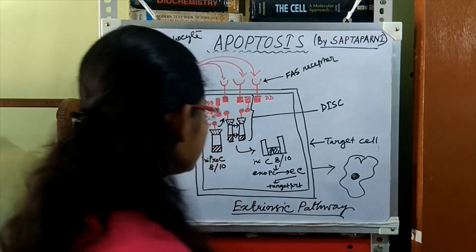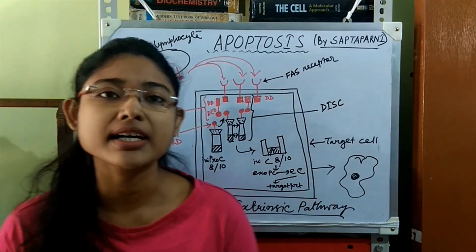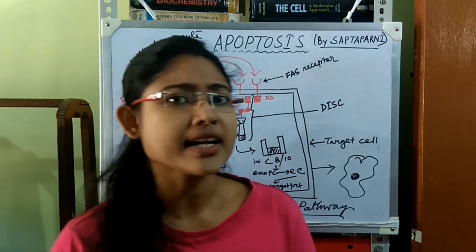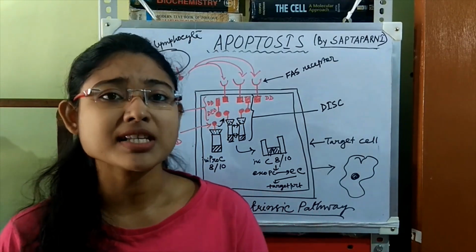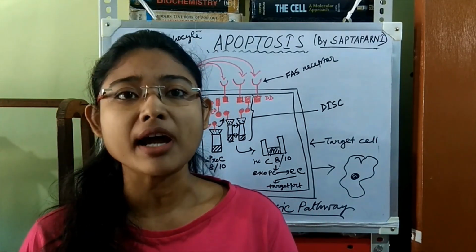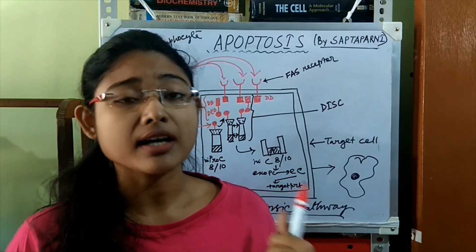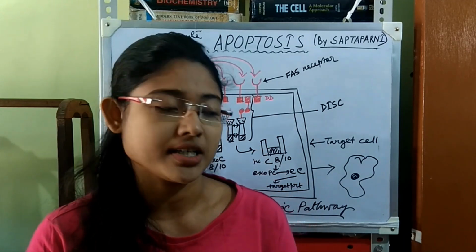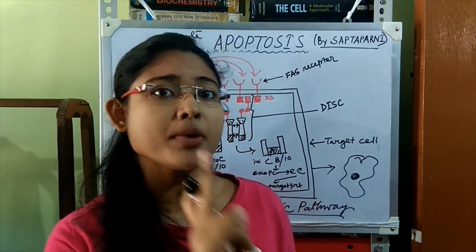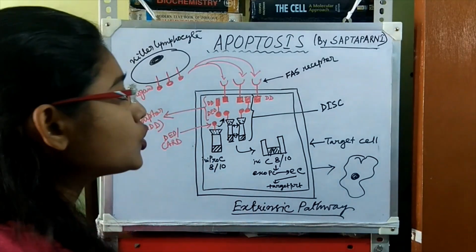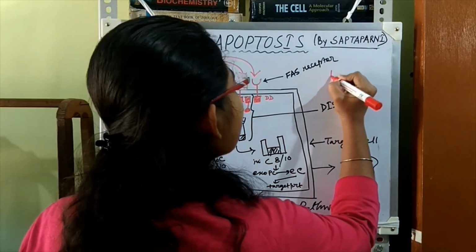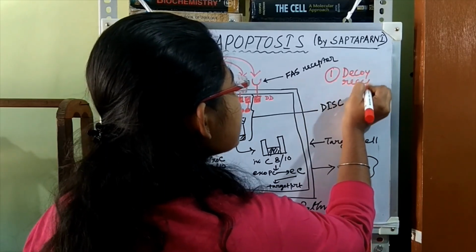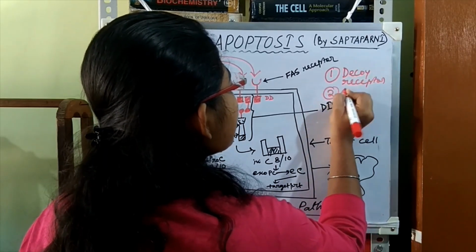Now see, not always, whenever the death signal comes, must our cell be apoptosized. That is not the rule, okay. Sometimes inappropriate death signals also come, and at that time our target cell must not be apoptosized. So how will that be inhibited? For that, there are two inhibitor proteins in our target cell: one is the decoy receptor and the second one is FLIP, okay.